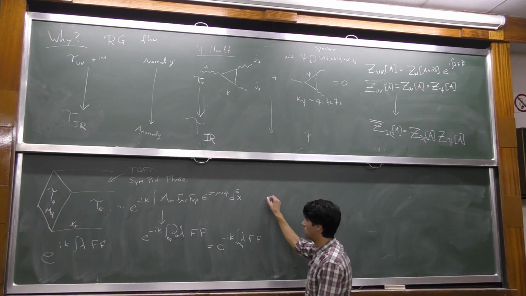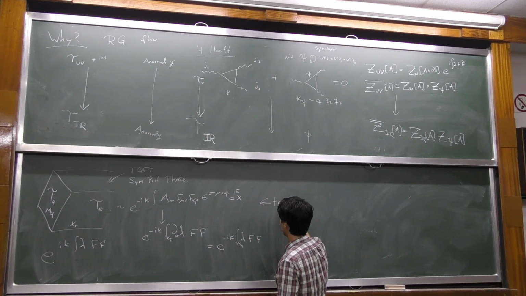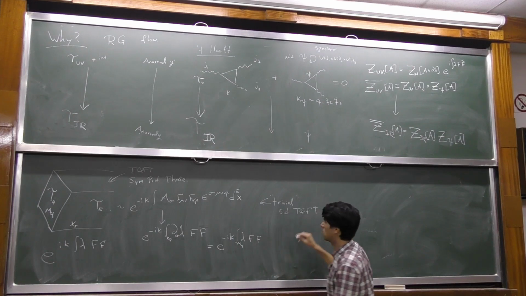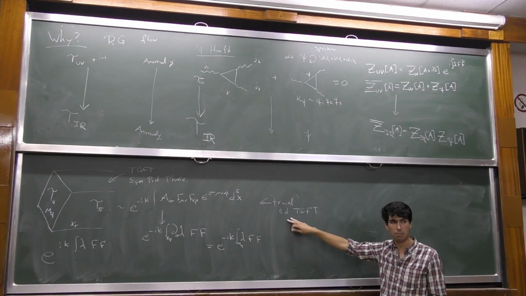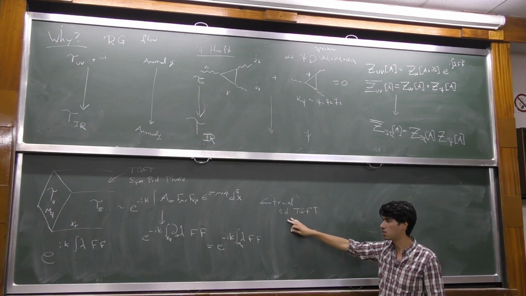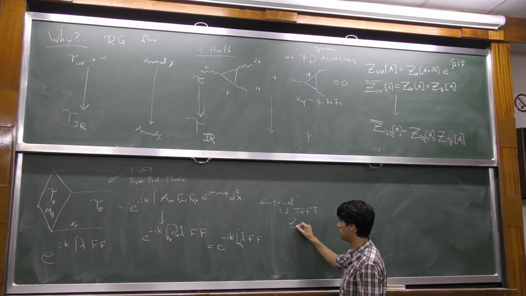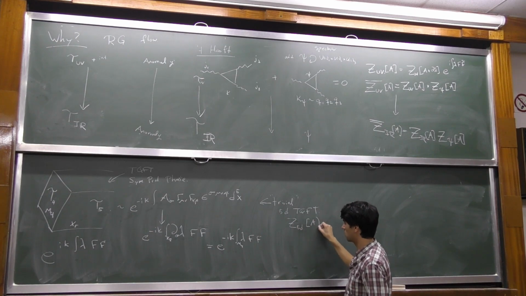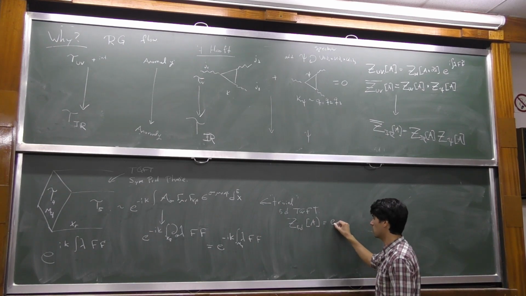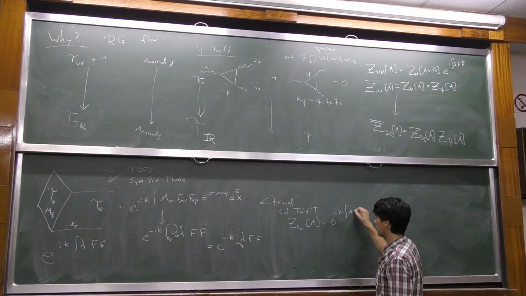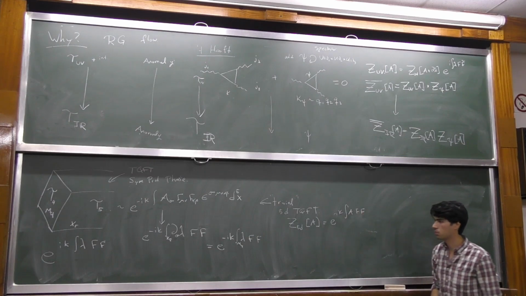So we call this the trivial 5D theory. It's trivial because there are no operators, there's nothing that's summed over in the path integral. It's literally just a phase. Z_5D with A is equal to e to the minus i k A F F.